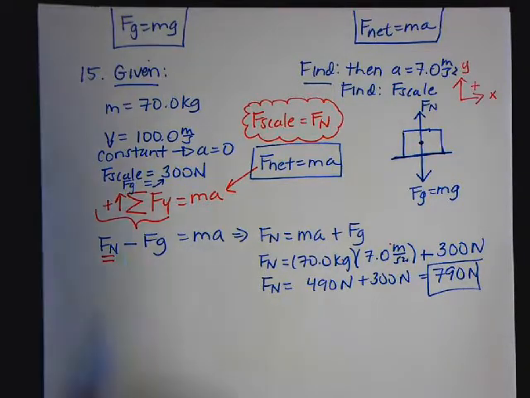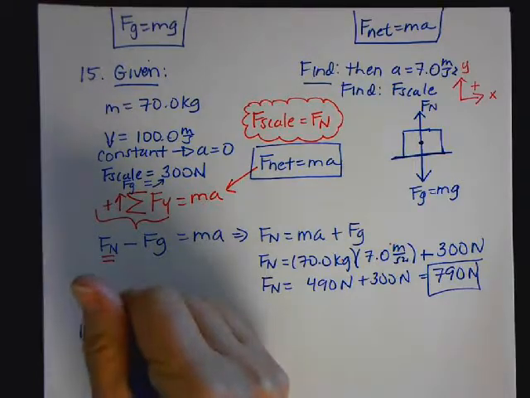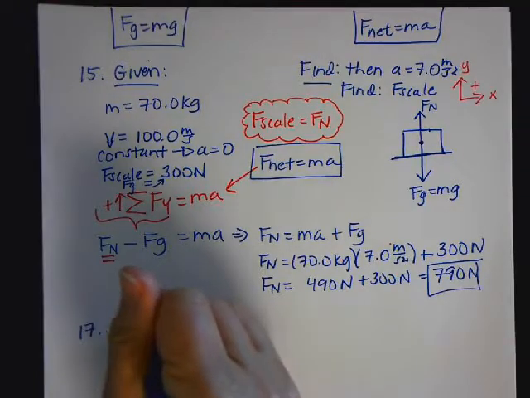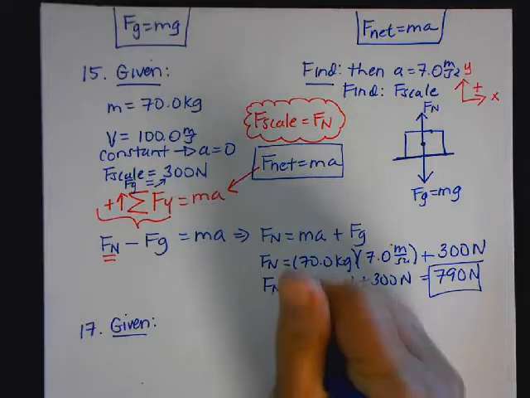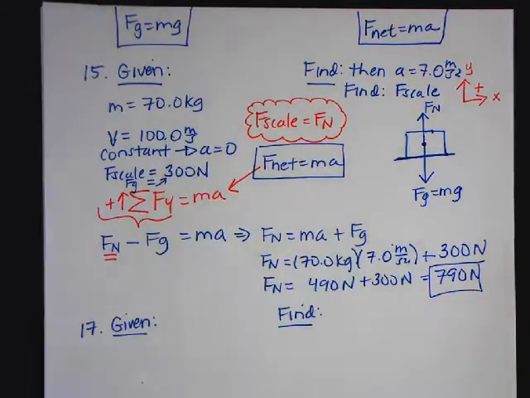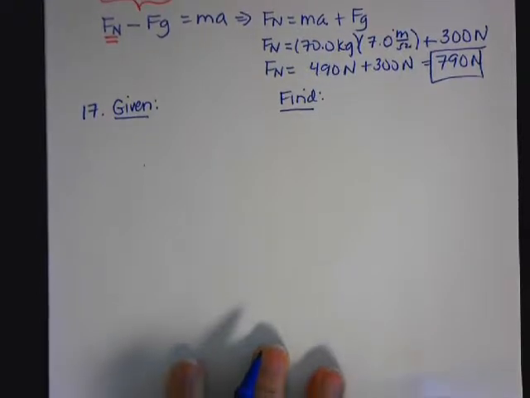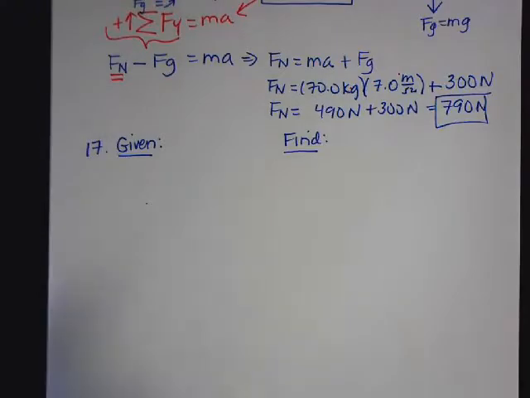All right, now let's look at number 17. So we're going to write our given, and we're going to write our find. It says a ball acquires a speed.